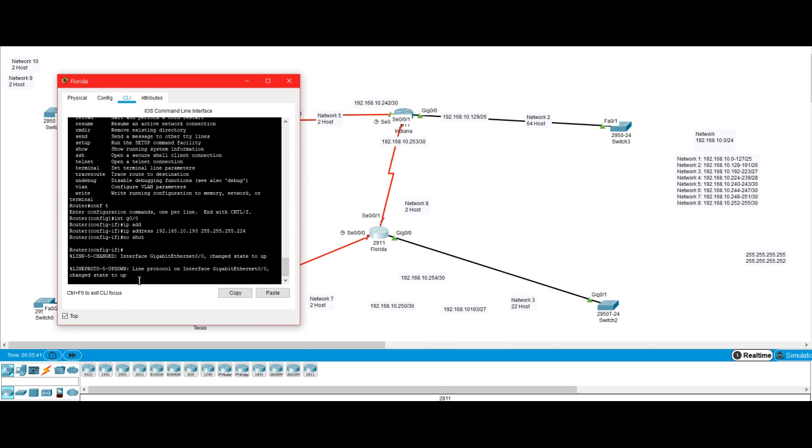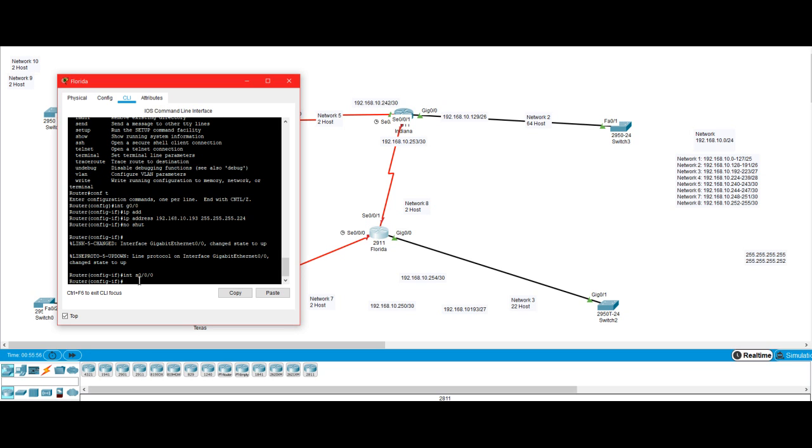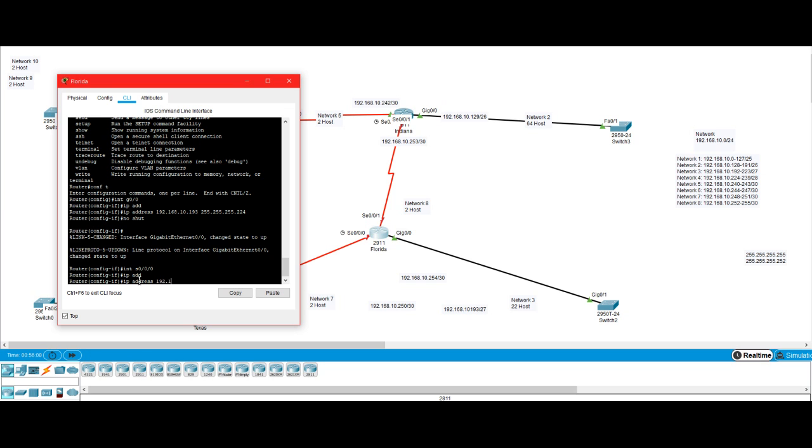So we're going to go ahead and go into, we're already into configuration of the interfaces. And so now we're going to change to interface 0/0/0, and we're going to give it an IP address of 192.168.10.250, and that is a subnet mask of, getting ahead of myself here, 255.255.255.252.